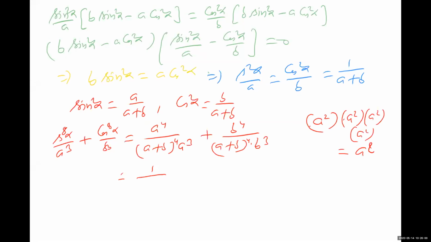This will be a raised to power 8, that is a square raised to power 4. Understood? A power 6 will be a square power 3. Powers will be added. Any doubt still?